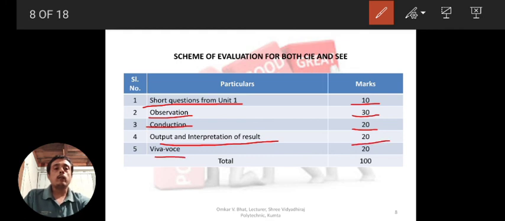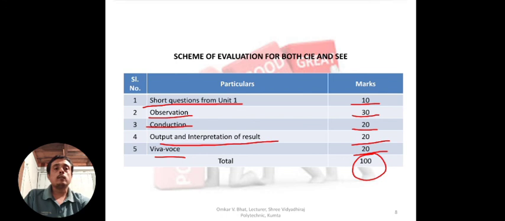Then viva means oral, it carries 20 marks. Total marks is 100 marks. So this is scheme of evaluation for CIE as well as for SEE.